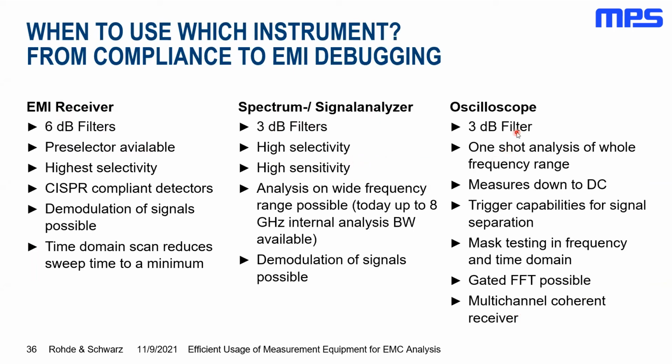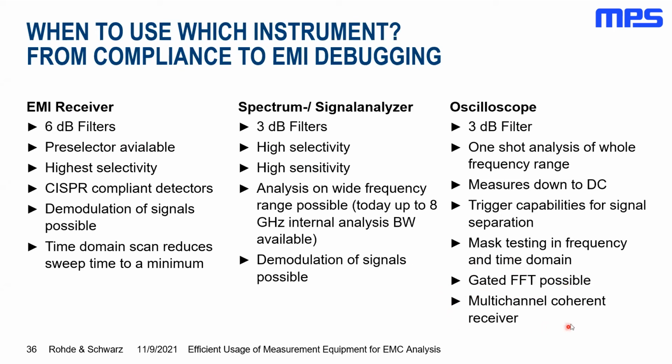For the oscilloscope, we also have the 3 dB filters. It's very important to keep in mind that we are measuring down to DC. Not close, we are really measuring DC. And we could do some mask testing in frequency and time domains to do a correlation between the time and frequency domain. We could do gated FFTs.